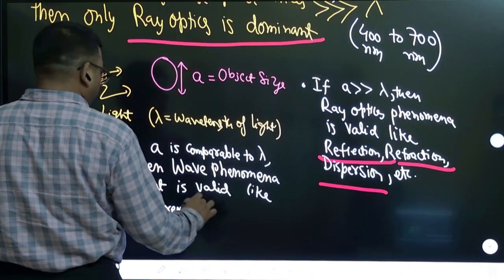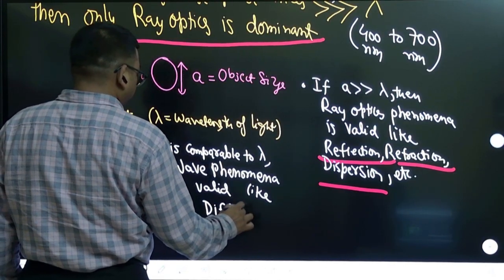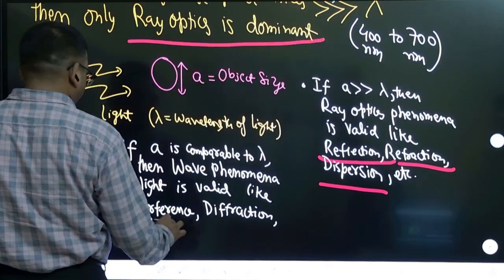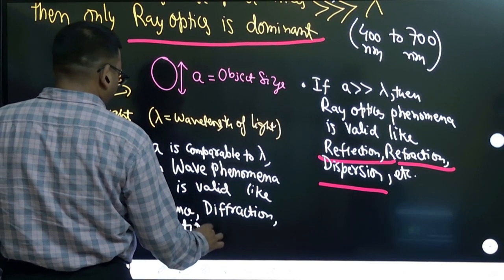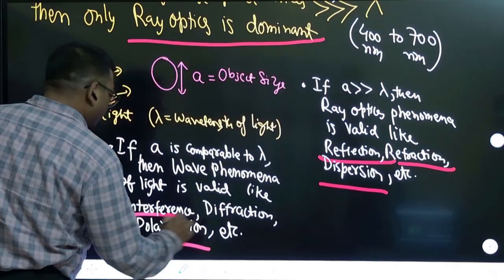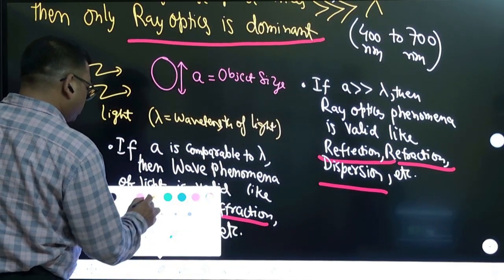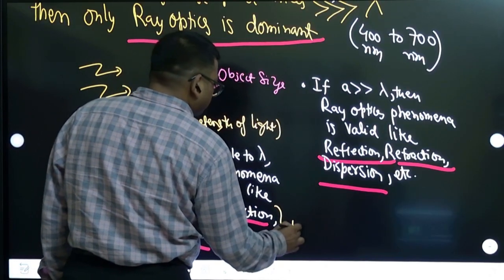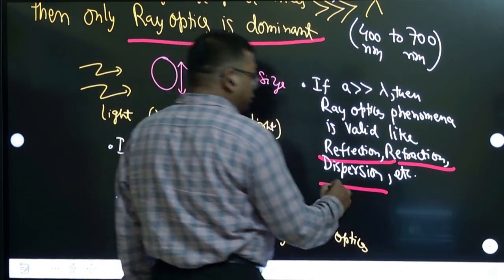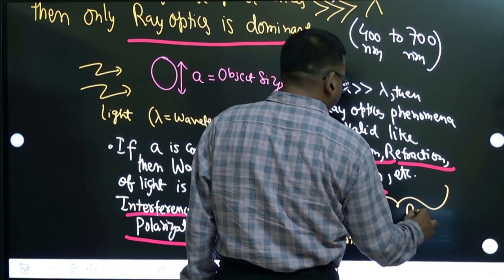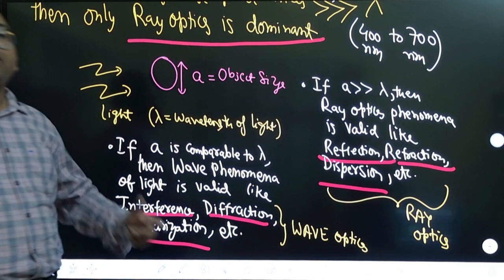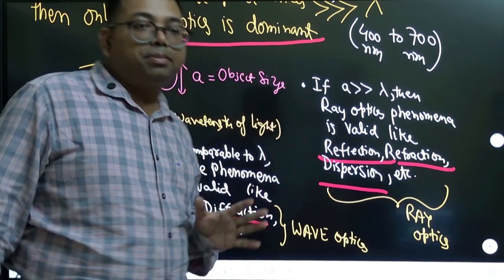Interference, diffraction, polarization, etc. These phenomena, interference, diffraction, and polarization, you will be studying in wave optics. Wave optics is the next chapter, and these phenomena you will be studying in this chapter, which is called ray optics. These two chapters, ray optics and wave optics, are very important chapters.